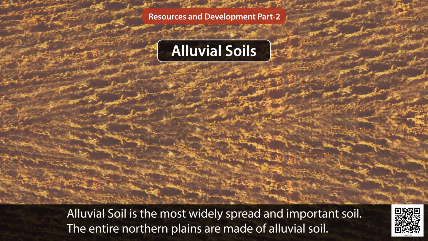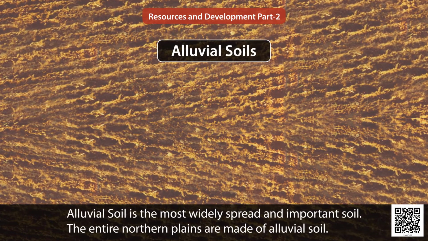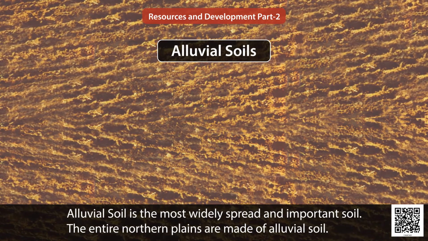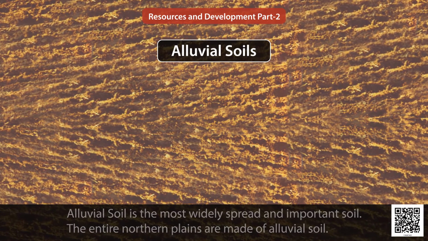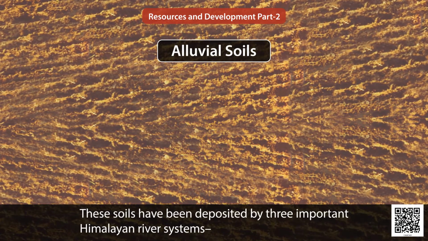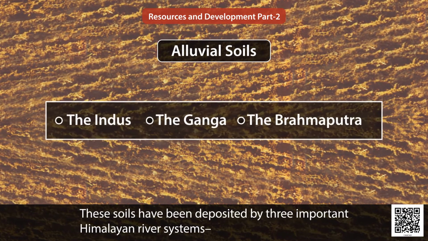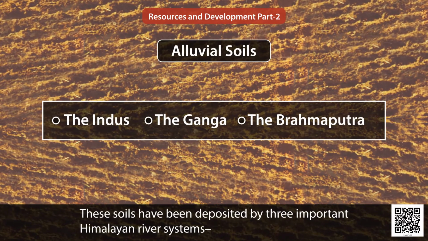Alluvial soil is the most widely spread and important soil. The entire northern plains of India are made up of alluvial soil. These soils have been deposited by three important Himalayan river systems, the Indus, the Ganga and the Brahmaputra.